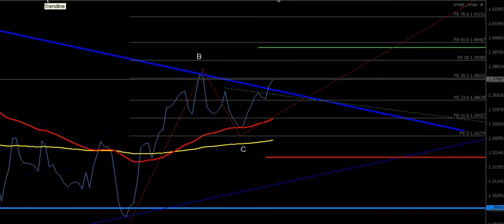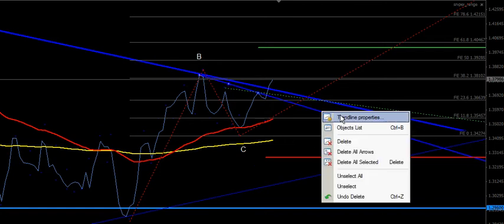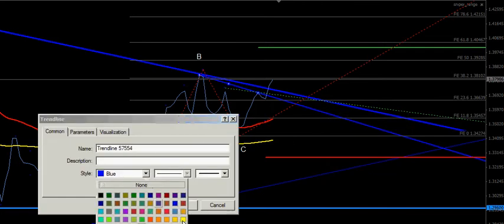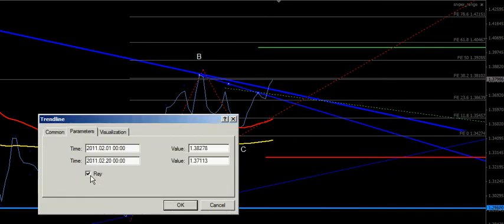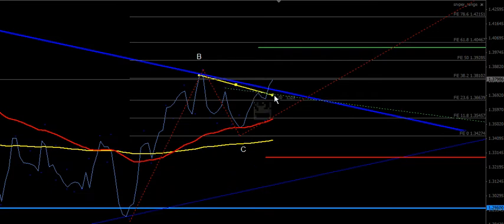So if I take a trend line and I draw it from here to here, I'm going to represent that with yellow. Okay, and from here to here. And then this would be the flag pole.